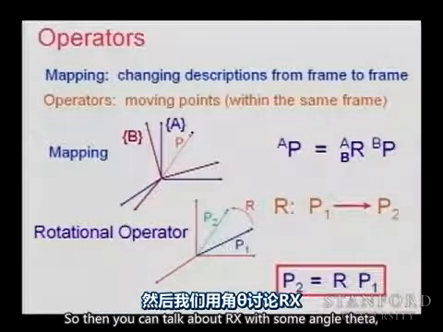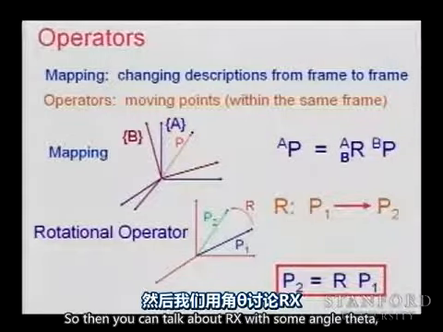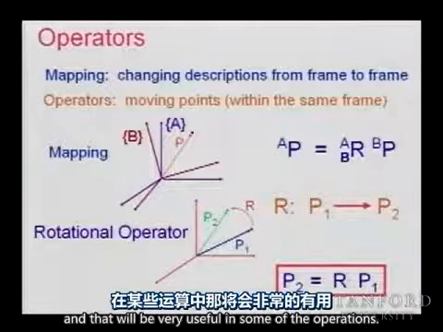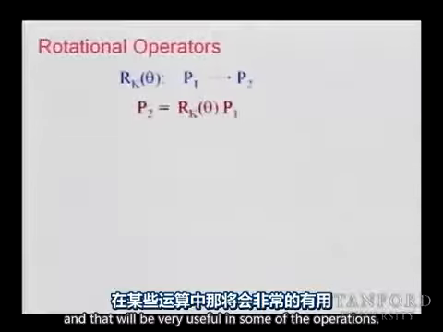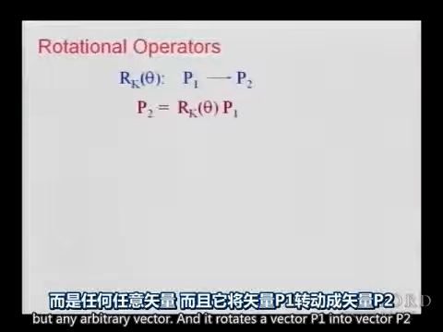So then you can talk about Rx with some angle theta, and that will be very useful in some of the operations. So in general, we can talk about a rotation about a k vector, not the x, y, z, but any arbitrary vector. And it rotates a vector P1 into vector P2.